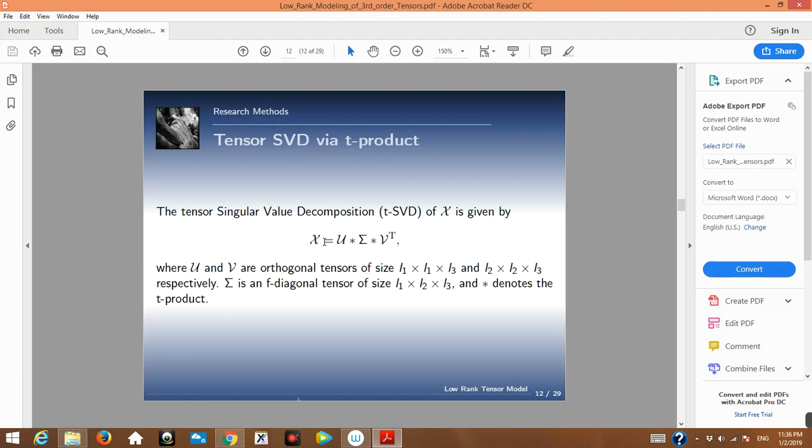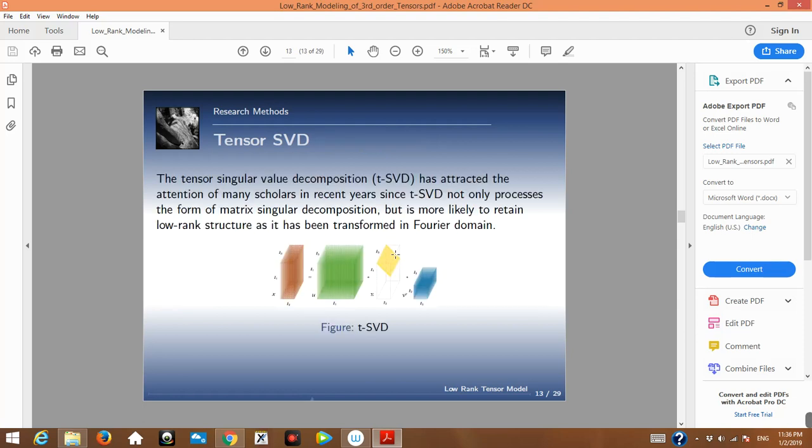That is, a third-order tensor can be decomposed into the T-product of three tensors. The tensor in the middle is a diagonal tensor, and the tensors on the left and right are orthogonal tensors. So this is a picture of tensor SVD.